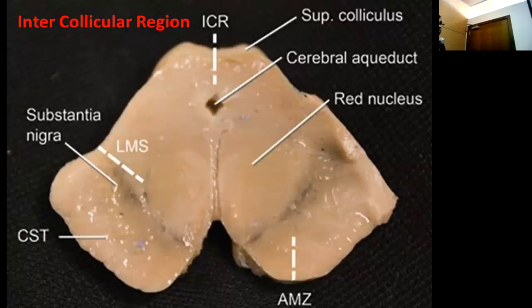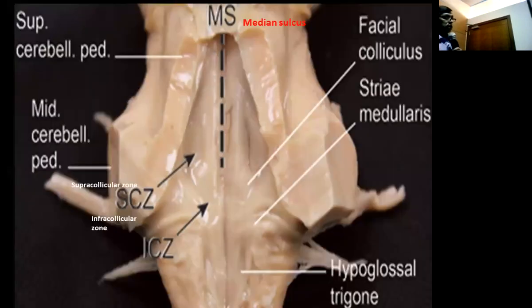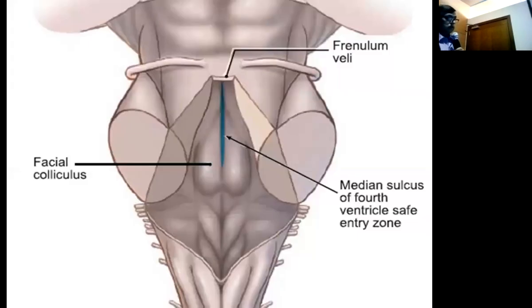So, posterior view of the midbrain, lateral approach, and as I said, the anterior approach. So this is the midline, median sulcus. Try to avoid it most of the times, especially in here. This is the sulcus, and this is the so-called facial colliculus, which, as we said, is not the facial nucleus.